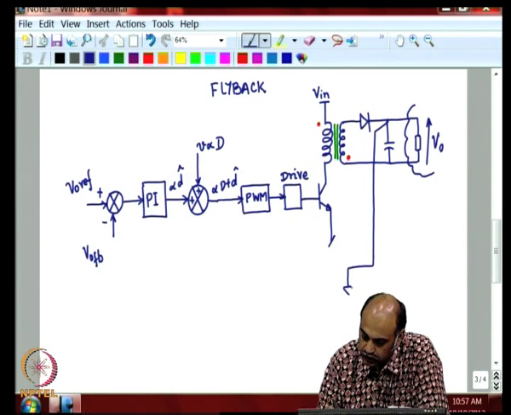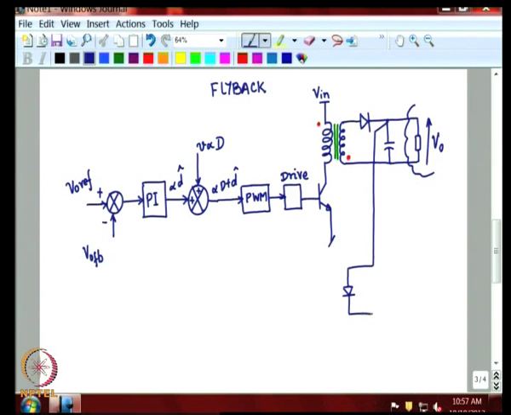So, one of the very nice ways to do that is to use an opto coupler like this. I will use a different common point symbol. Observe that these two labels or symbols are connected and this is different. Okay. So, these are galvanically separated, they are not connected together.